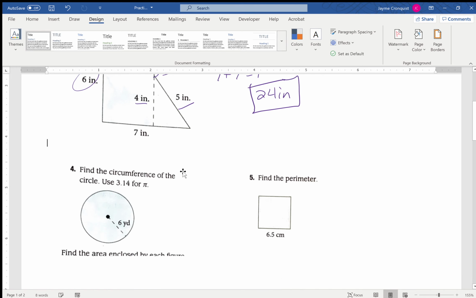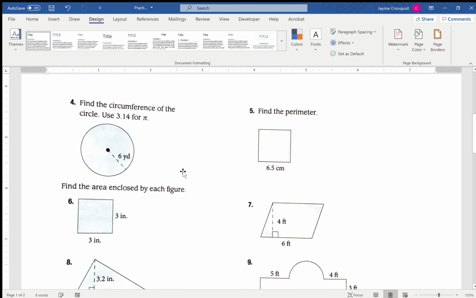All right, now we're going to do the circumference, which is the perimeter of a circle. 6 is the radius, so it's 2 pi r or pi d. In this case, they gave us r. So 3.14, no, not 3.4, 3.14 times, that's the pi, 2r.